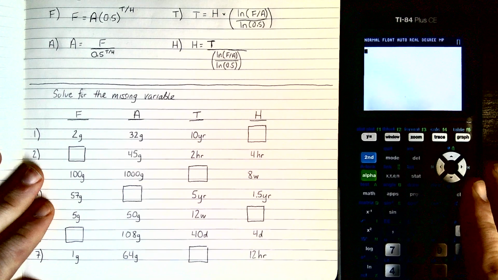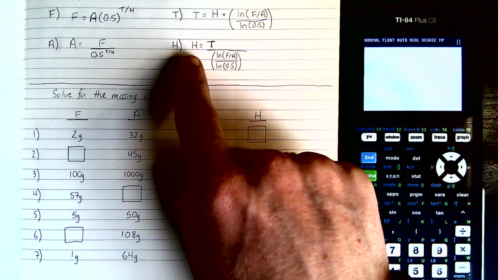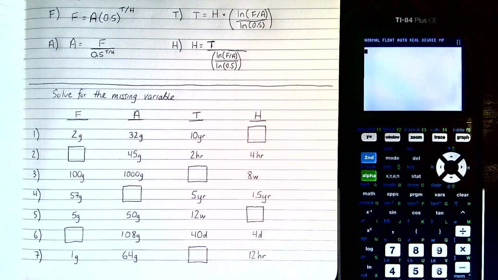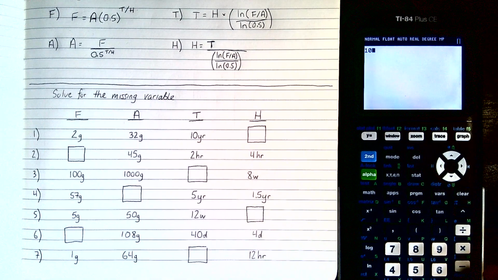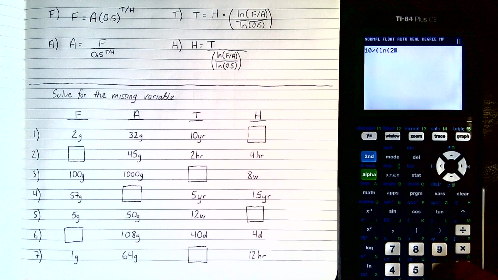So, for this first problem, we don't have H. We're trying to solve for it. So we're going to use the H equals equation and plug in everything that we already know. We know that 10 years have passed. That's T. We also know that we ended with 2 grams.